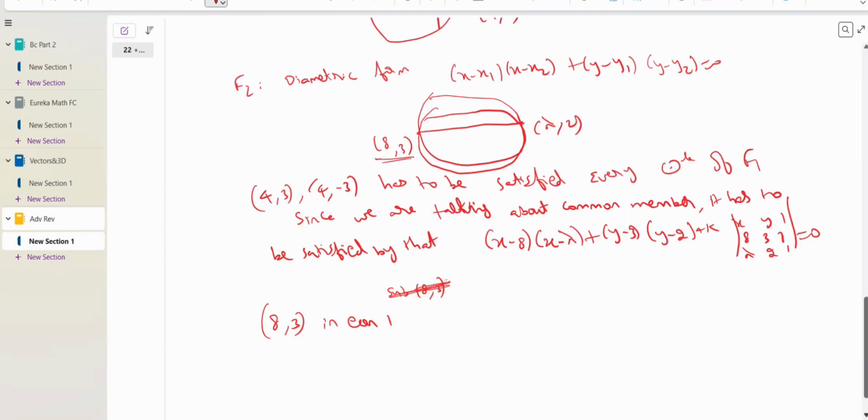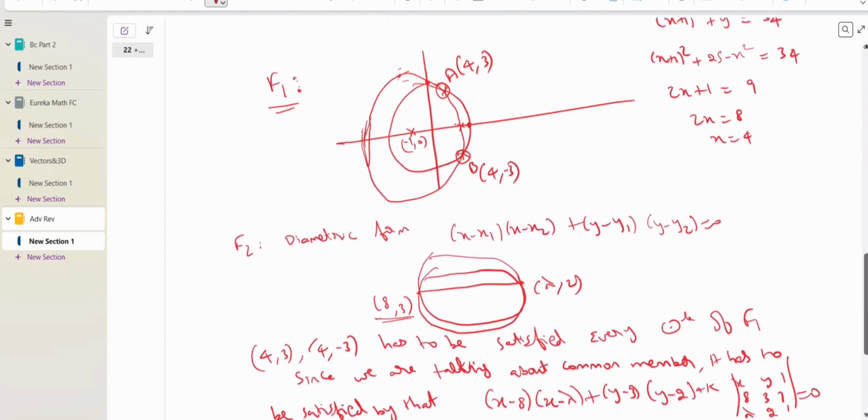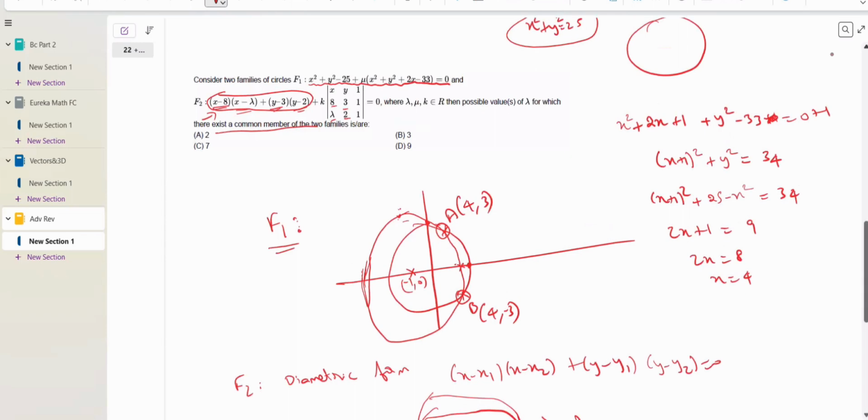Then, when we substitute lambda and 2 into the equation of the circle, we get lambda equal to 3 or 9, sir. So you are claiming the value of lambda being 3 or minus 3? 3 or 9, sir.